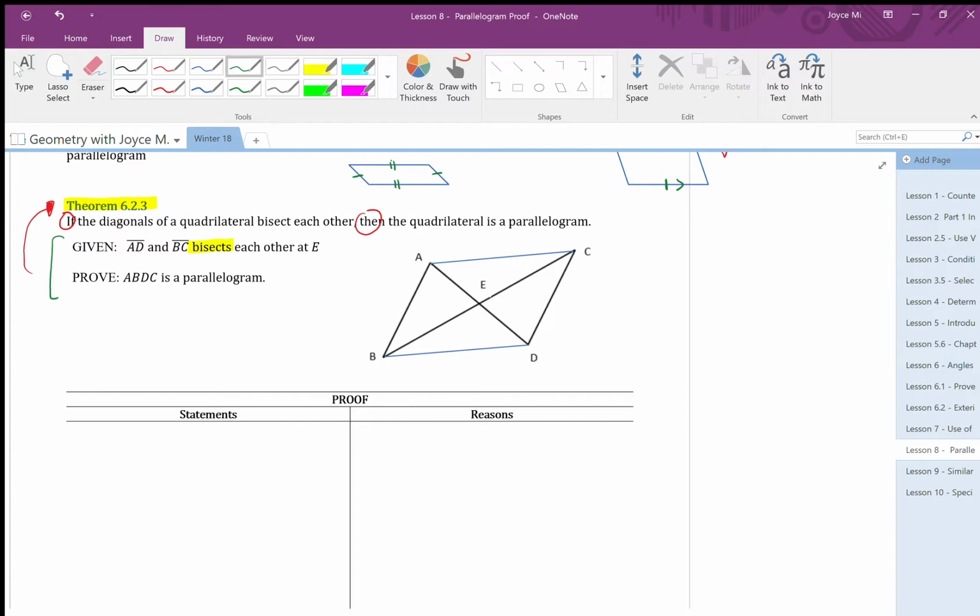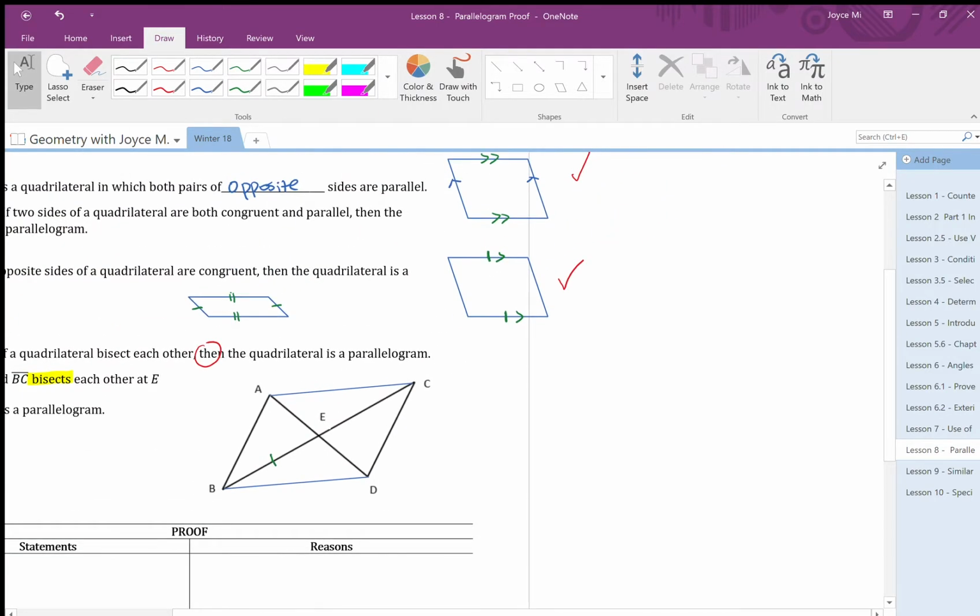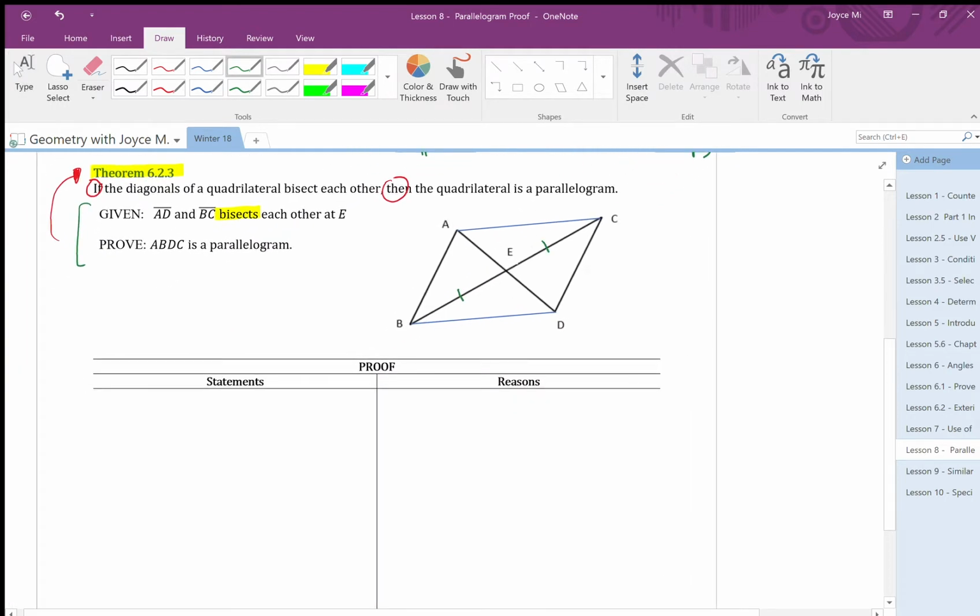So I know that BE will be congruent to EC. I also know that AE will be congruent to DE. So I have two sides already. From what I draw here, I can look at this triangle and say they are congruent. If I look at the top triangle here, I can show that the top and the bottom triangle are congruent because notice that I also have a vertical angle right here.